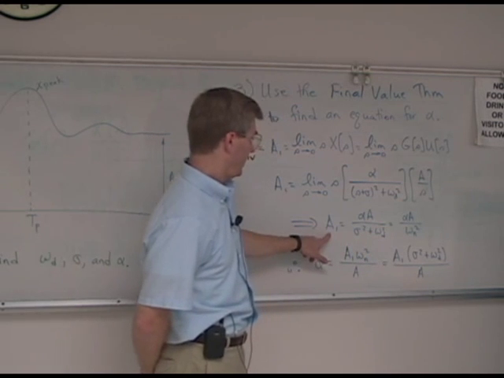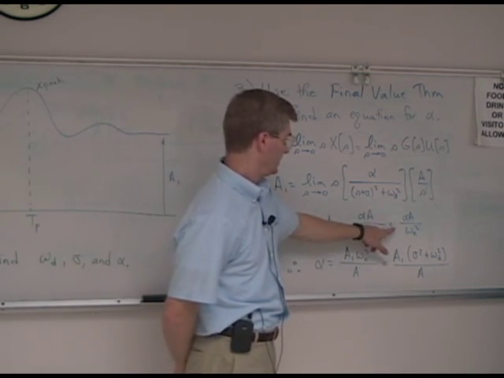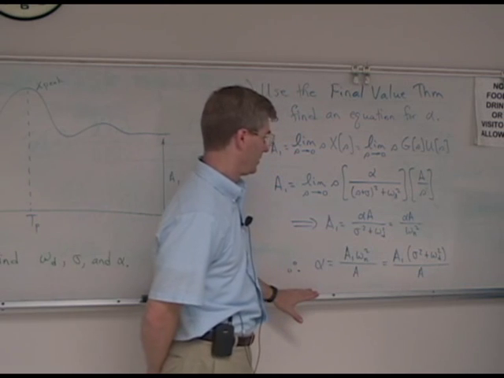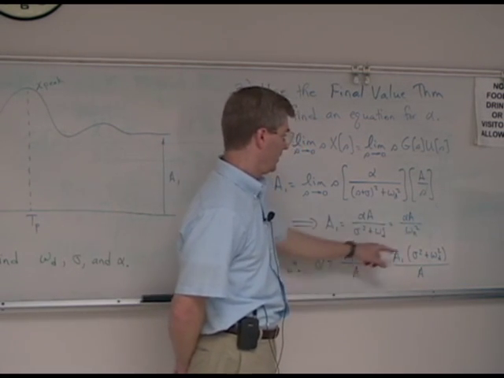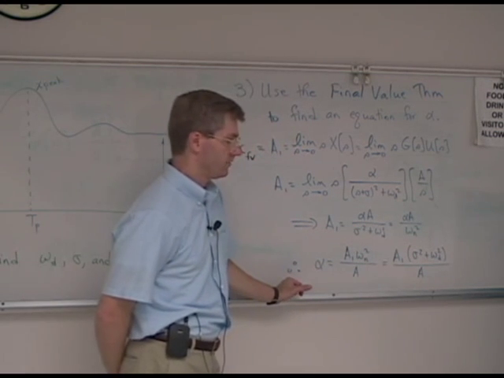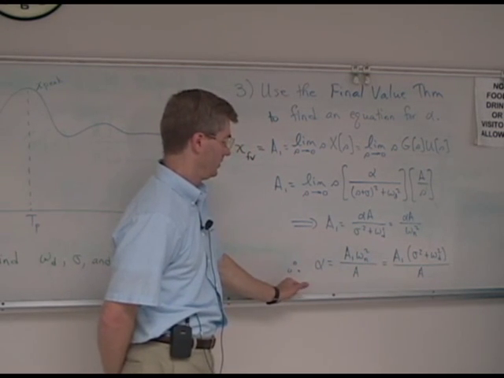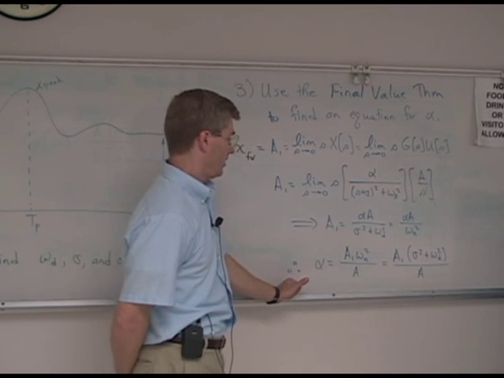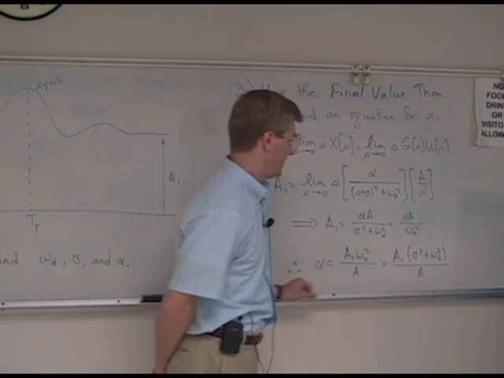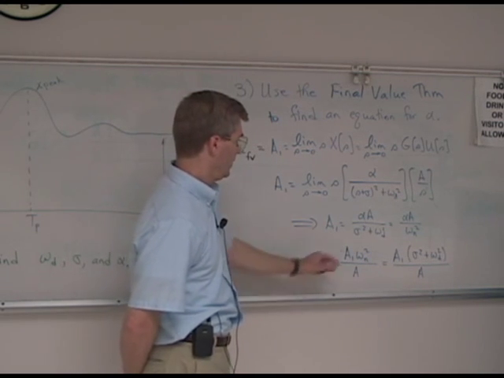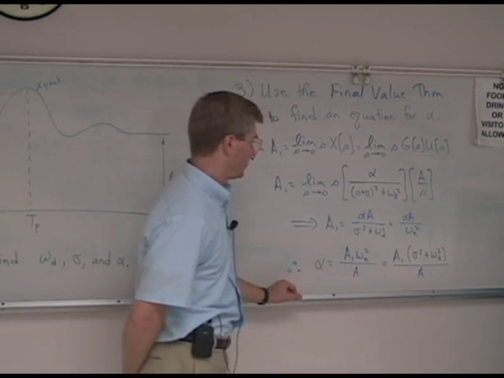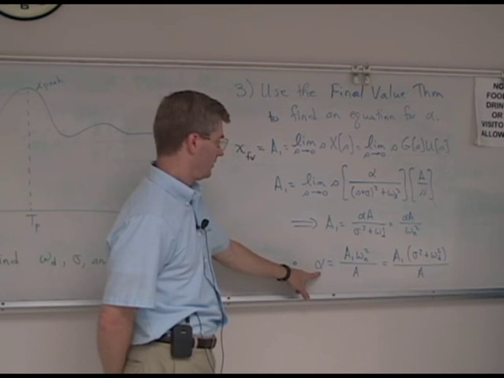Meaning the final value of our position is related to the alpha in our transfer function by alpha A over omega sub n squared. We already know omega sub n from the previous two steps in our derivation. We know A, that's how much we've commanded the system to move. That was 2,000. The only unknown in this expression is alpha, and we can solve for alpha.